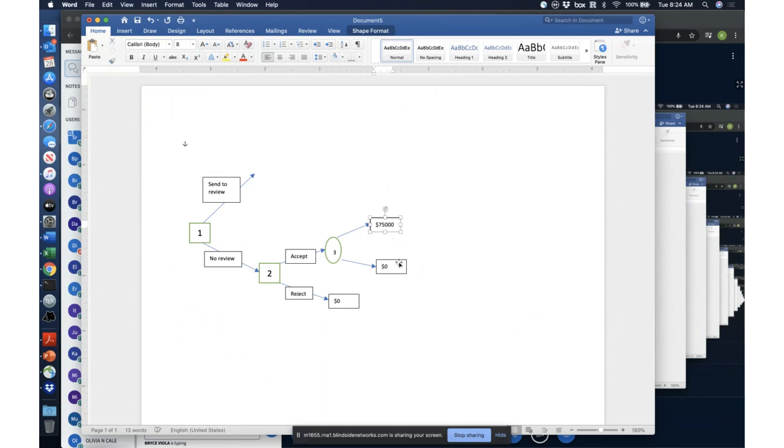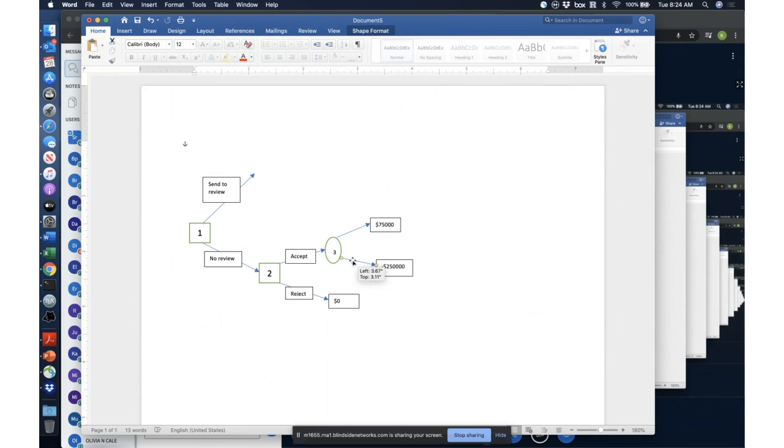If the manuscript is not successful, you will make a loss of $250,000.